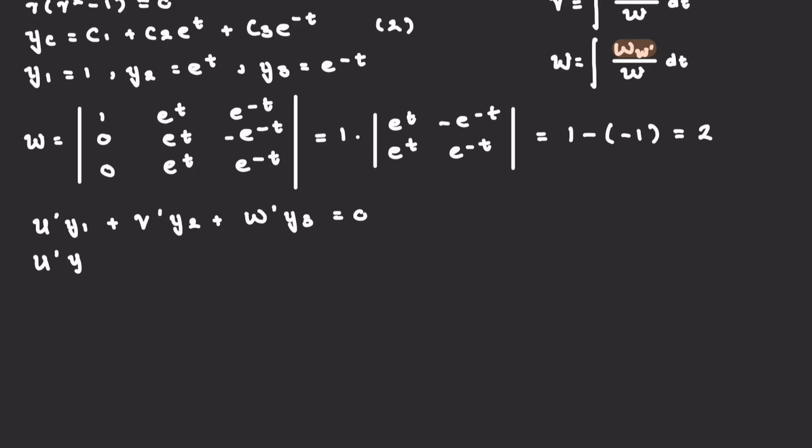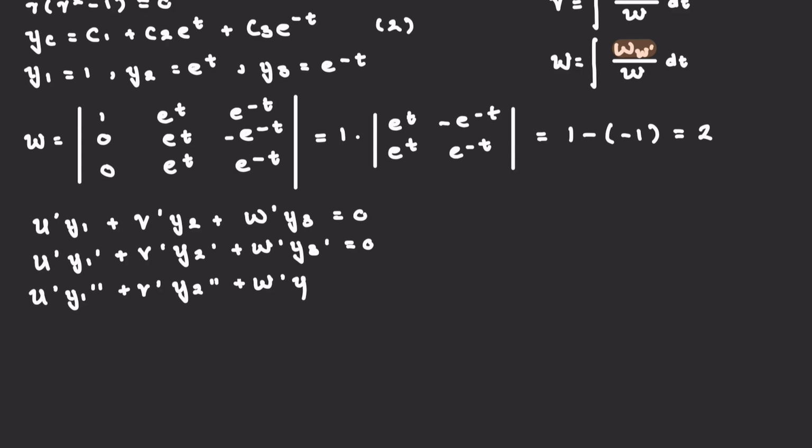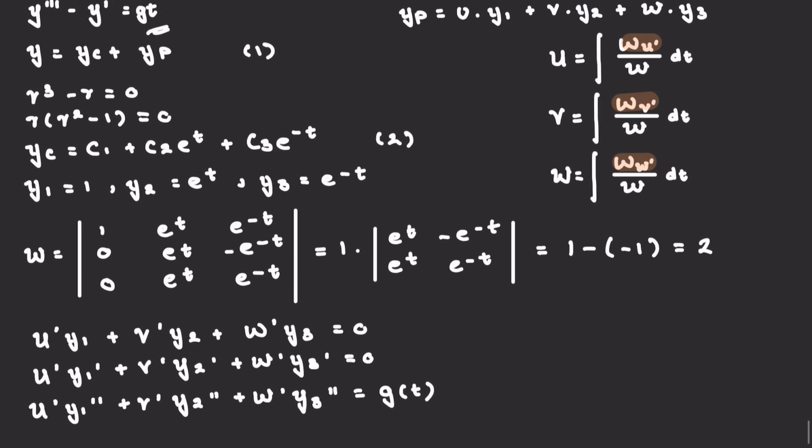U prime times y1 prime plus v prime times y2 prime plus w prime times y3 prime equals 0. And lastly, u prime times y1 double prime plus v prime times y2 double prime plus w prime times y3 double prime equals f of t, or if you remember it as g of t, the non-homogeneous part of our equation, which is 9 of t here.